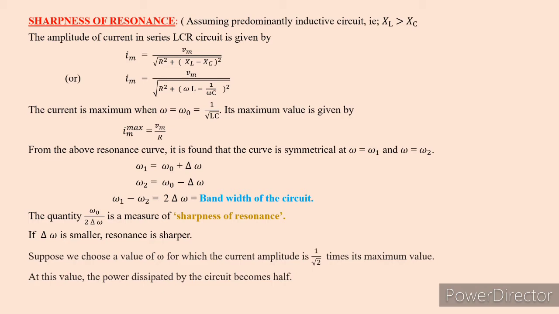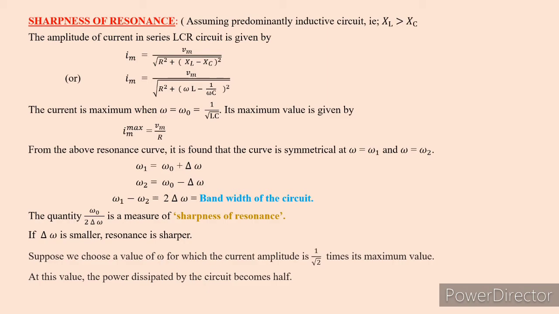From the above resonance curve, it is found that the curve is symmetrical at omega equal to omega 1 and omega equal to omega 2, where omega 1 is equal to omega naught plus delta omega and omega 2 is equal to omega naught minus delta omega. Omega 1 minus omega 2 is equal to 2 delta omega, and this is equal to the bandwidth of the circuit.